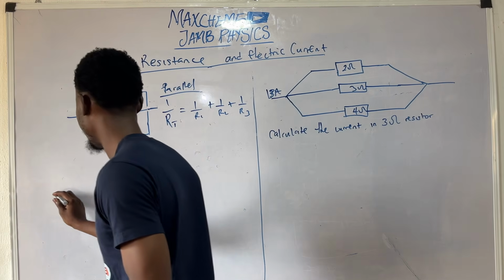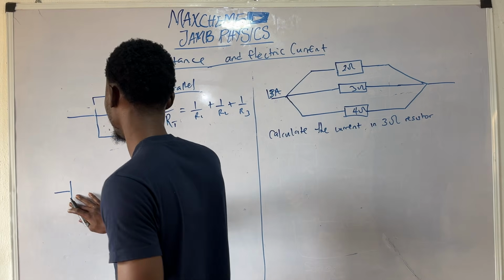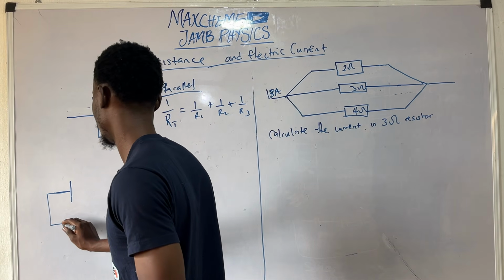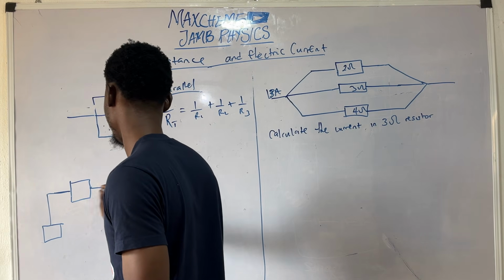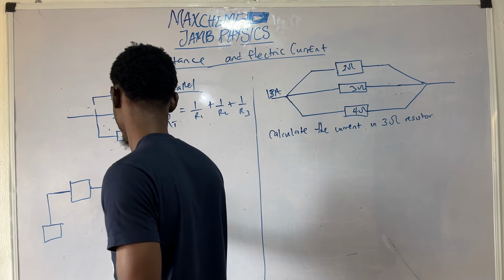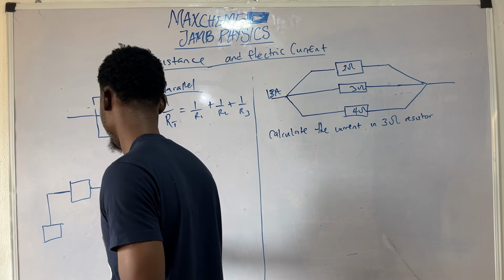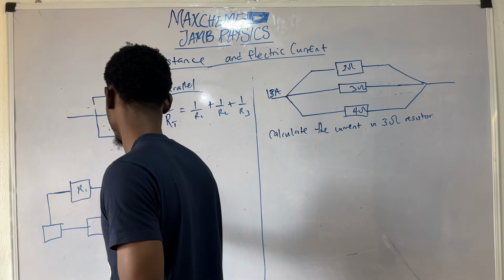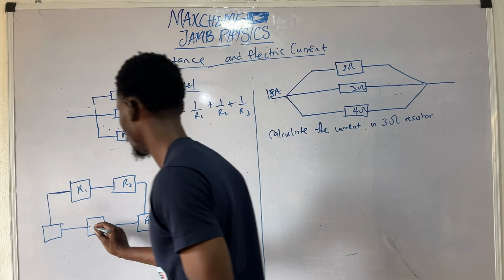But for a series configuration, like something of this sort, in this configuration, you can tell that there is only one single path for current to flow.